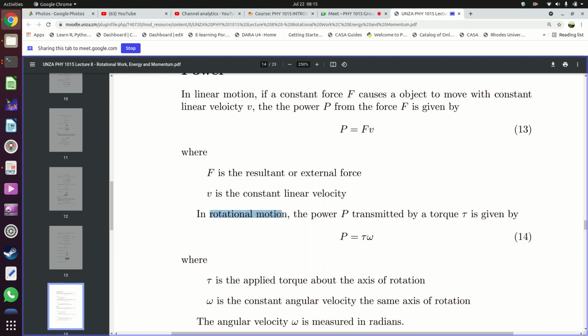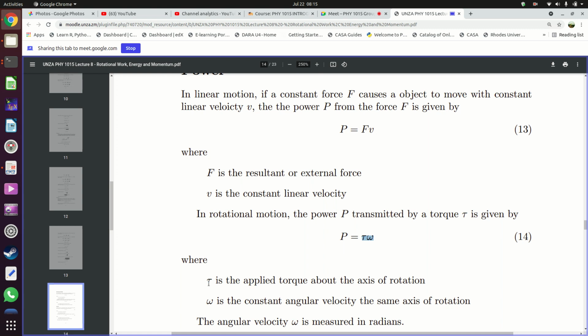When you do that shift, in place of F, the force, we are going to have torque. Then in place of v, the average velocity, we are going to end up with omega. So in this case, the power is equal to the torque multiplied by the angular velocity.